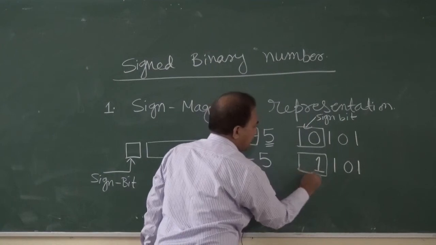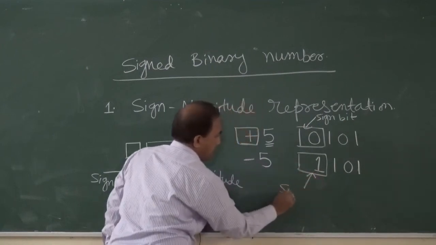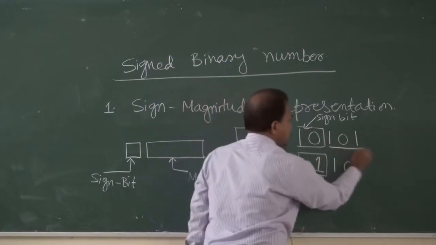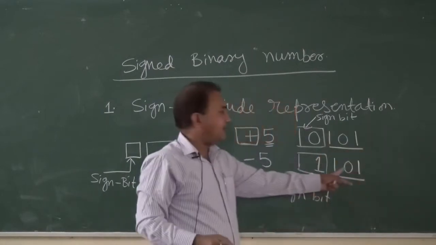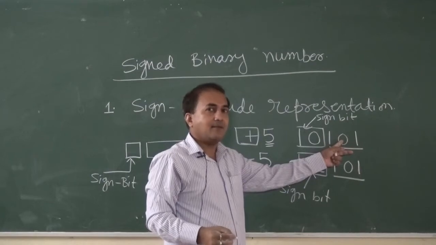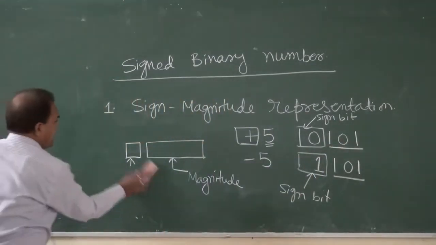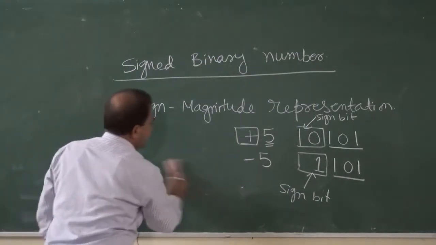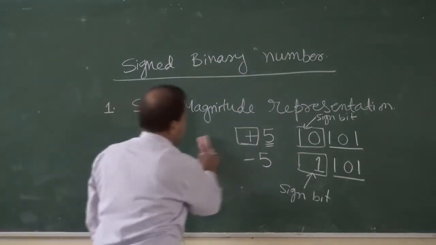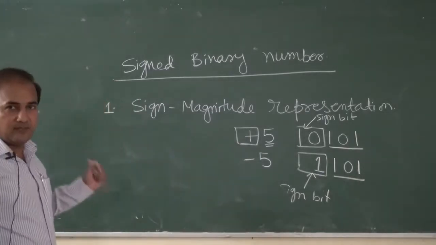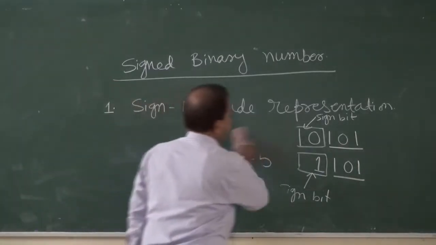And these bits are representing the magnitude. So in this way, one can represent signed numbers by using sign magnitude representation.